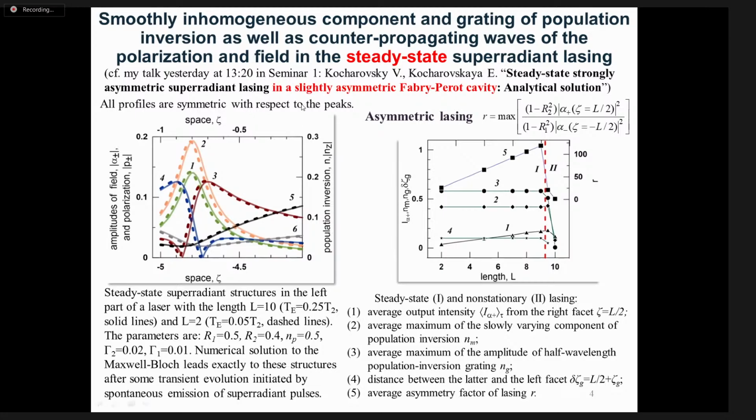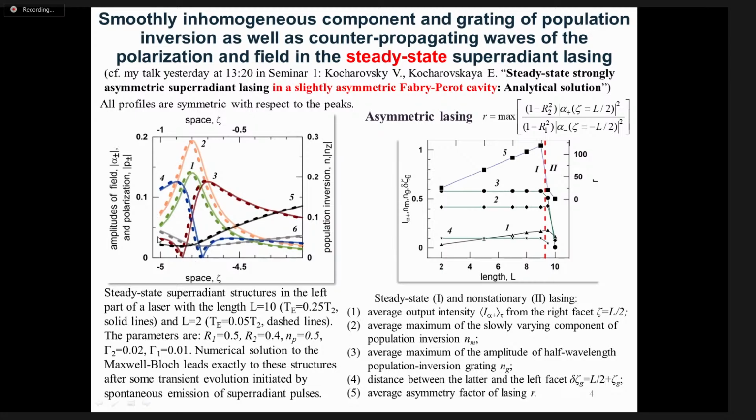It appears that when the reflection factors of the cavity become more and more close, that is, we approach the limit of a symmetric cavity, then this kind of solution becomes unstable. And I will describe the reason of this instability and the result which we obtain. But first, let me say some words about this steady state structure in the slightly asymmetric cavity.